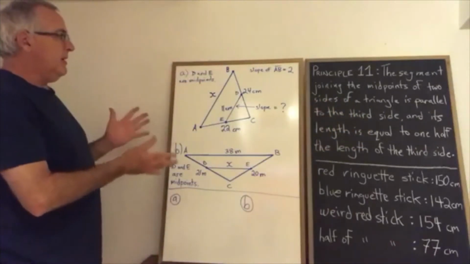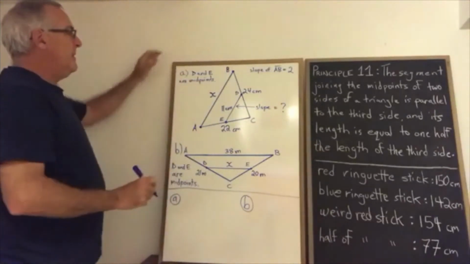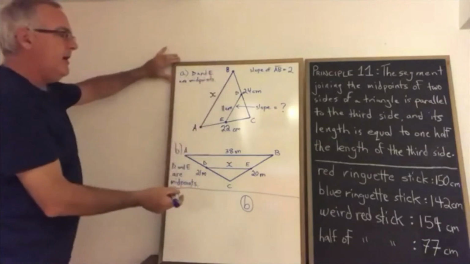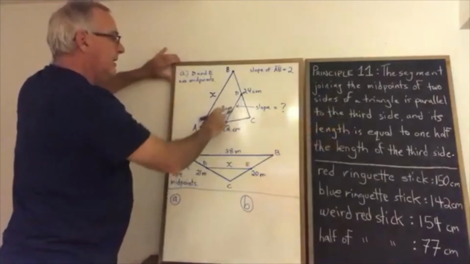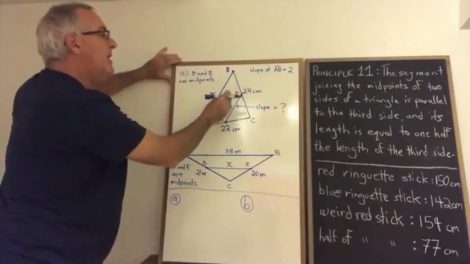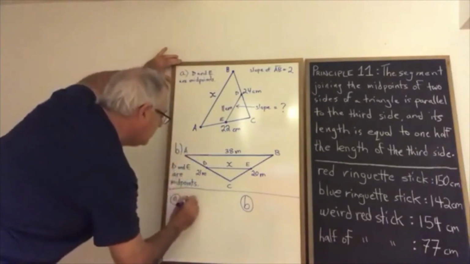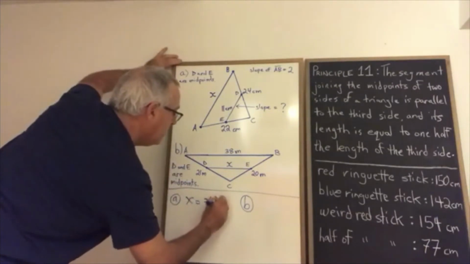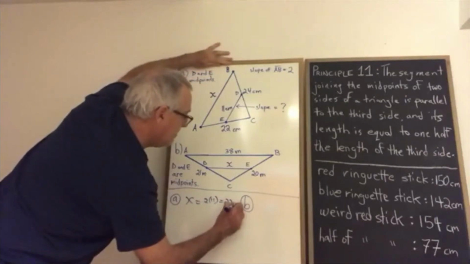This is what the calculations would look like. For question A, when we're asked for the length of AB, well, Principle 11 says that this 11 centimeter length of the segment joining the midpoints has to be half the length of side AB. Therefore, x equals 2 times 11, which is 22 centimeters.